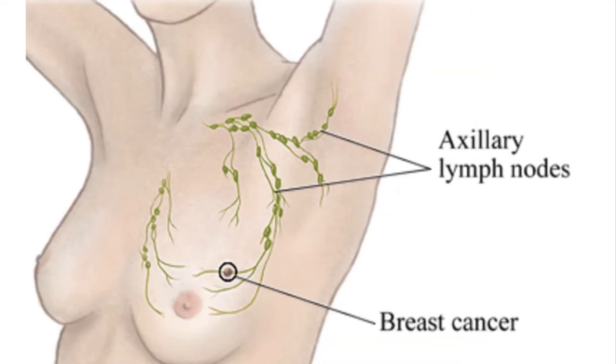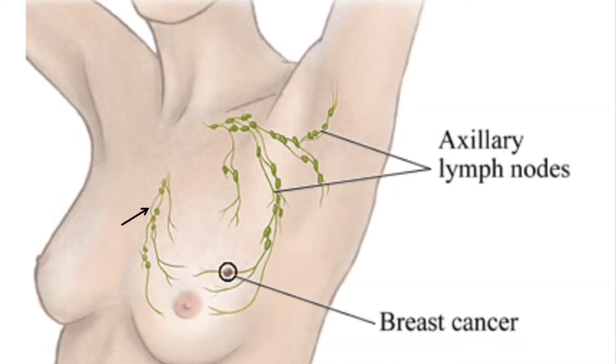These axillary lymph nodes are very important, especially in case of cancer of the breast, because cancer of the breast is a mass of cancer cells. Cancer cells don't produce good intercellular junctions.